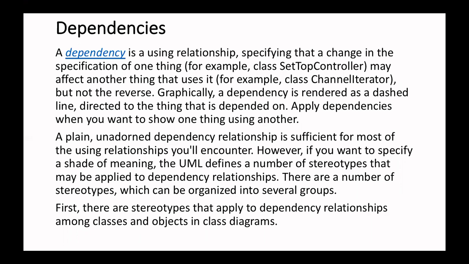Graphically, a dependency is rendered as a dashed line directed to the thing that is depended on. When you want to show one thing using another, a plain dependency relationship is sufficient for most of the using relationships you will encounter.